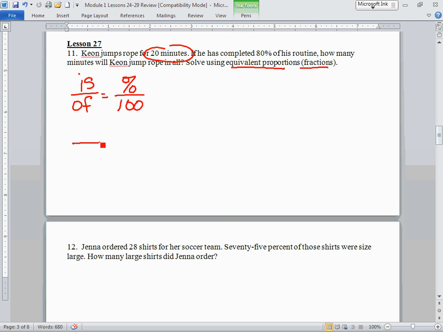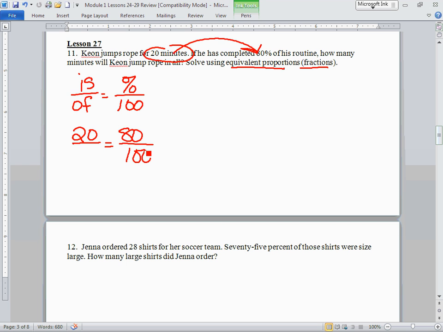Is that the total amount of time that he spent jumping? Or is that part of the time that he spent jumping? He jumped rope for 20 minutes, and that completed 80%. So that's actually part. Because the 20 minutes is equal to the 80%.